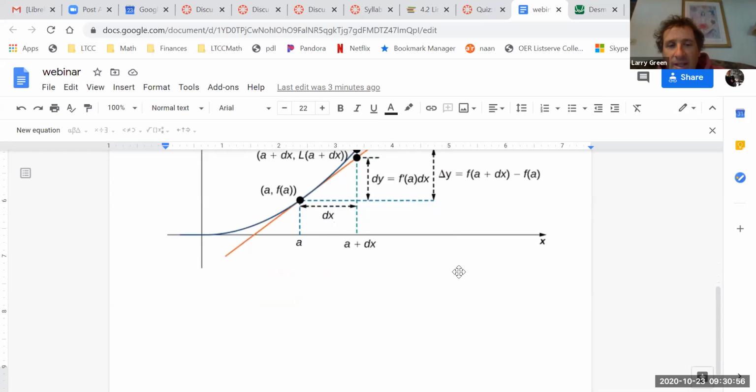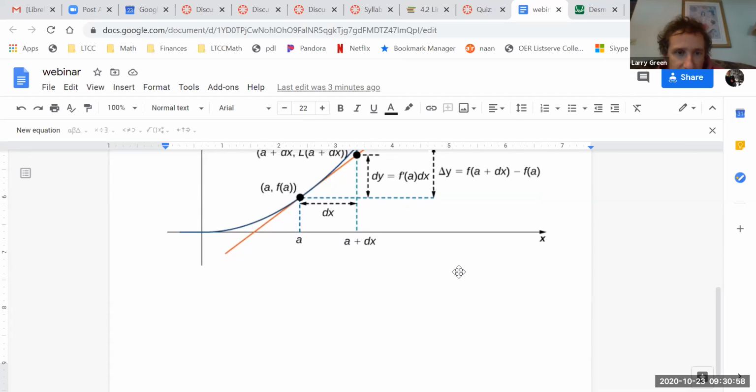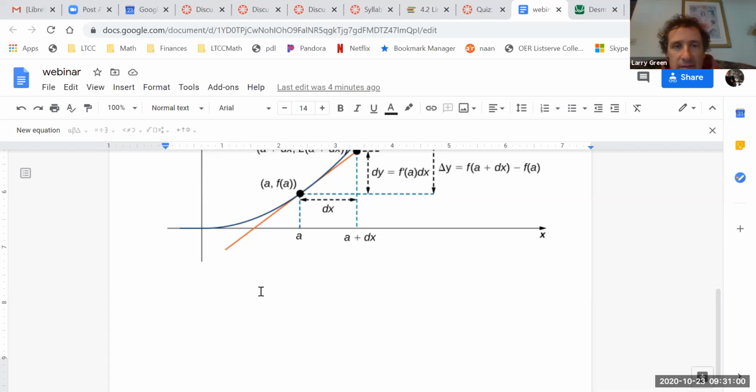All right, so let's do the example that we were looking at. We're on the Desmos. So let's suppose that f of x equals sine of x. Okay.